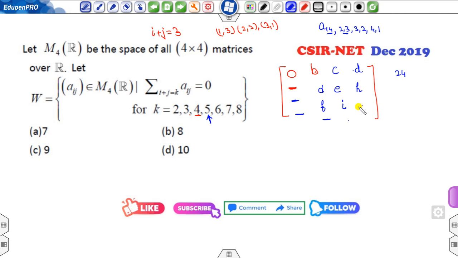Similarly for this case, I can find either of these two, j, this number I can find easily, and this is my k. So how many variables are there? 3. This number is 8. This is 4. This number is 0. Because it's 8, then the sum will be 0. How many unknown numbers? 9. So the dimension is 9, the right answer.